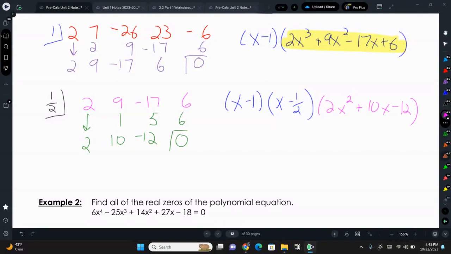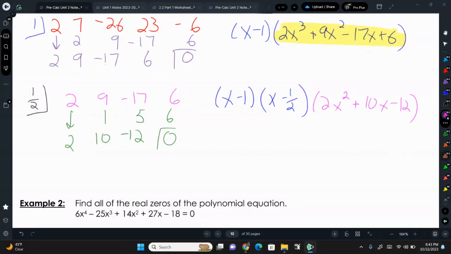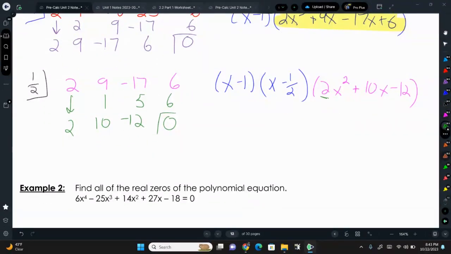So with that 2 right here, we notice that all of these values can be divided by 2, so we can factor out a 2. So x minus 1 times x minus 1/2 times 2 times x squared plus 5x minus 6. I'm sorry, not 10x, 5x minus 6.